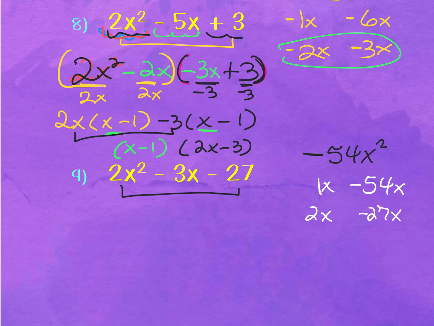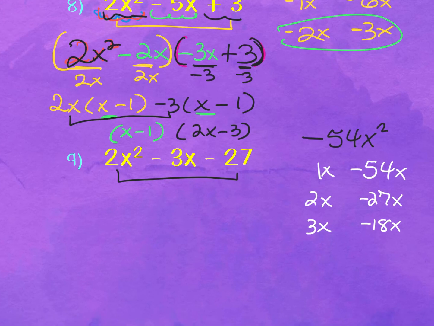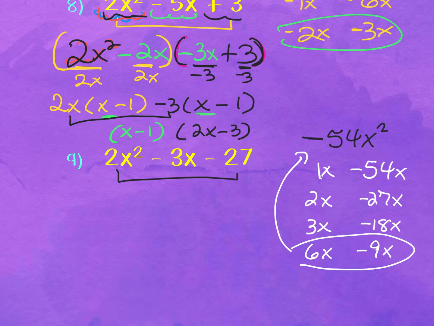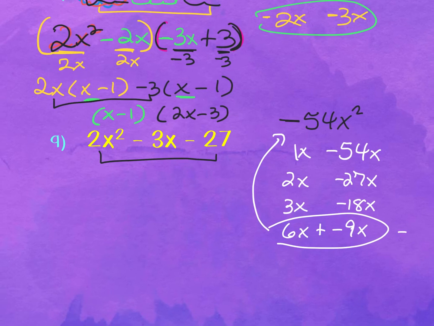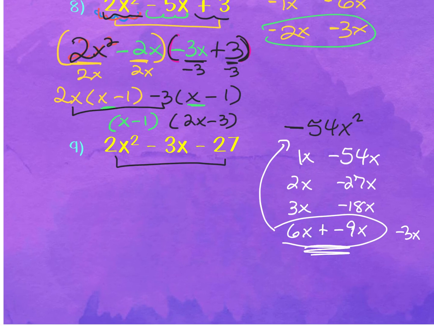And I'm trying to make a 3, so I'm not there yet. 3 times negative 18, still not there yet. 4 won't work, 5 doesn't work, but 6 does. 6 times 9 is 54. So 6x times negative 9x will give me negative 54 when I multiply it, and when I add it, I get negative 3.